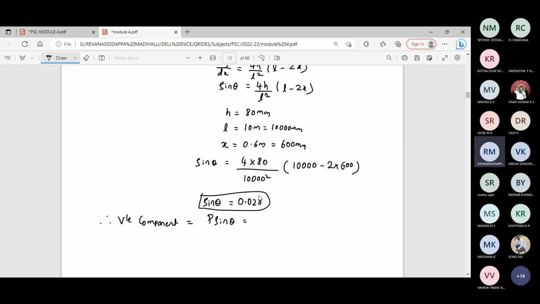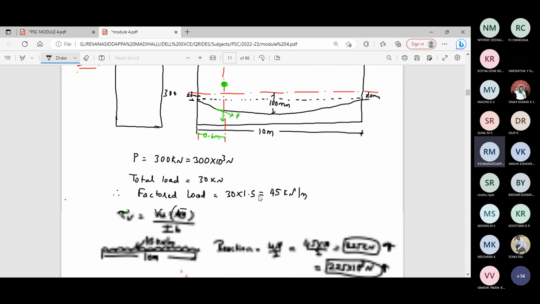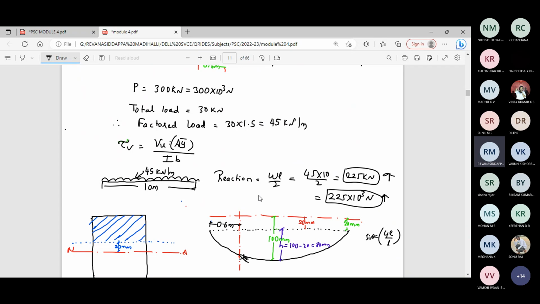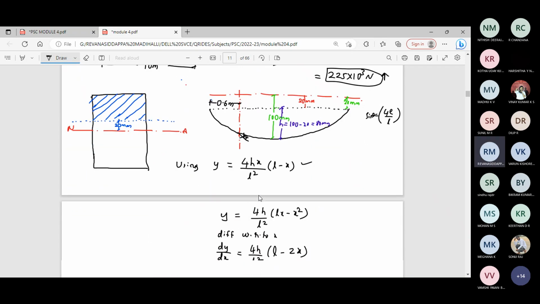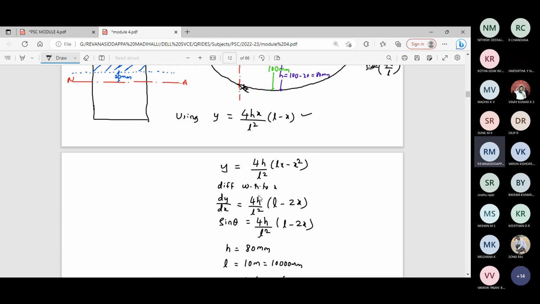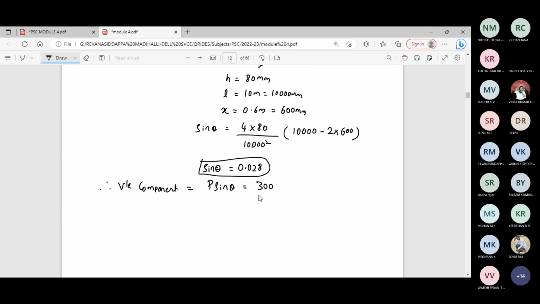P is the prestressing force, given in the problem as 300 kilonewton, so 300 into 10 power 3 Newton into 0.028.